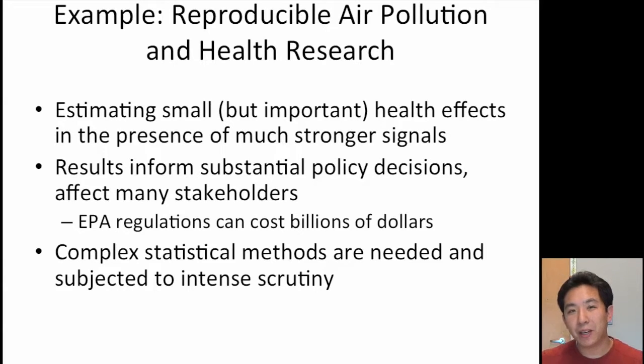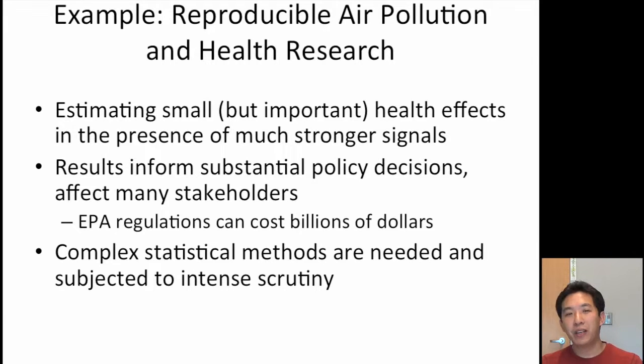The results of a lot of air pollution research inform substantial policy decisions. Regulations will be based on scientific research in this area, and so these regulations can affect a lot of stakeholders and furthermore can cost billions of dollars to implement. Finally, we use a lot of complex statistical methods to do a lot of these studies, and these statistical methods are subjected to intense scrutiny.